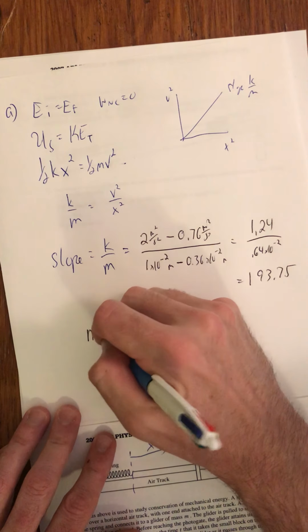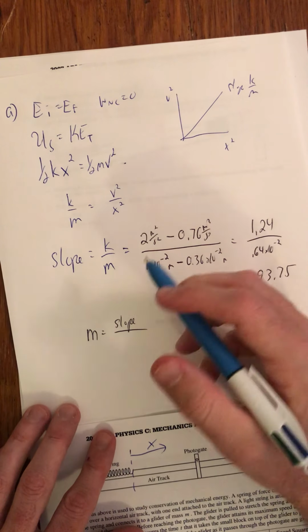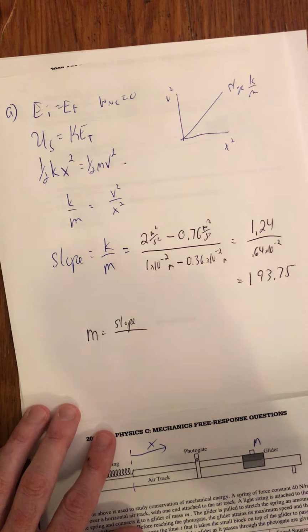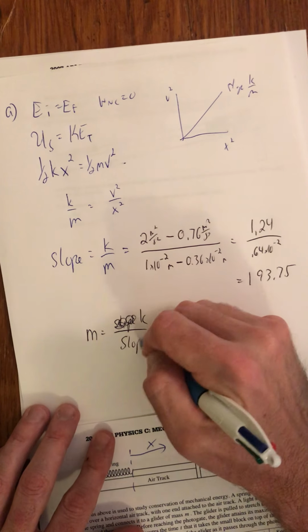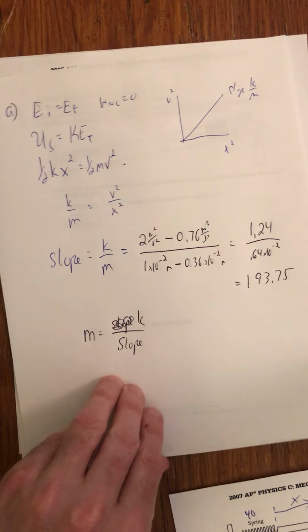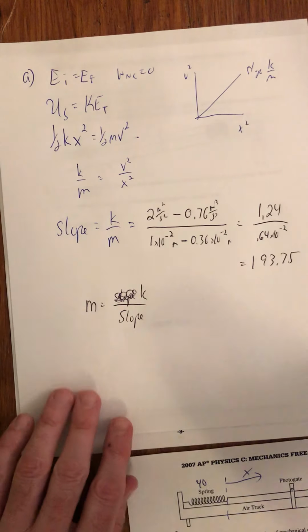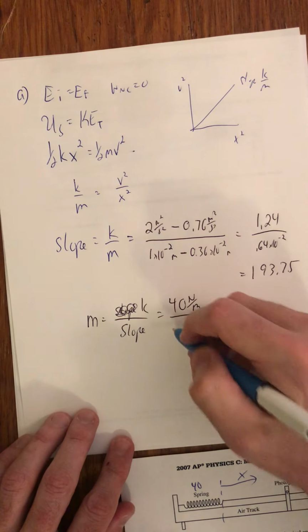So now the mass is equal to the slope divided by, hold on, I want the mass, right? It's k divided by the slope, excuse me. Wow, that was almost really silly. Yeah, and I know k is 40 newtons per meter divided by 193.75.